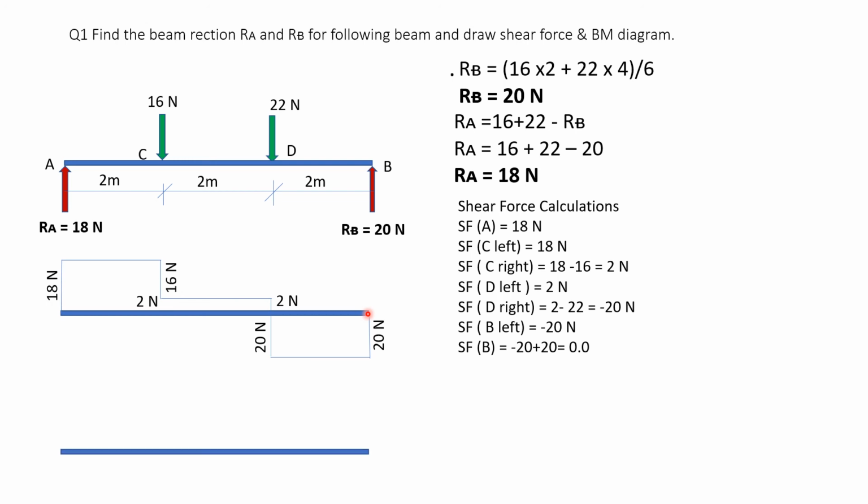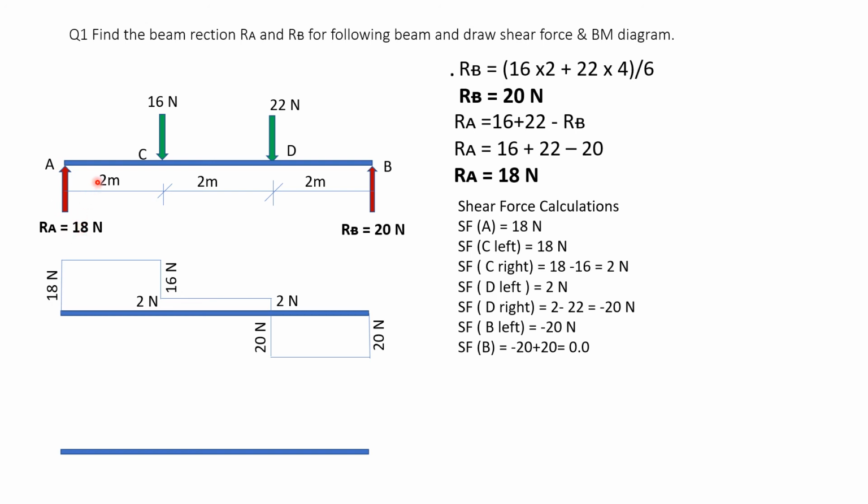Now let us come to the bending moment diagram. First draw a baseline. Bending moment at A, as it is a simple support, is 0. Bending moment at C: when I consider the point C and the left hand side, there is only one force, 18, going up.